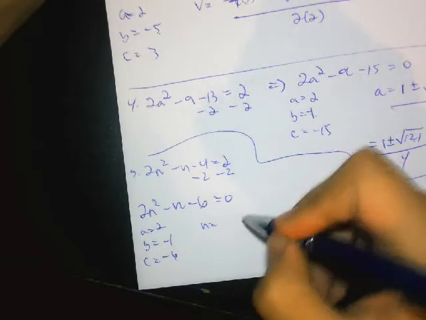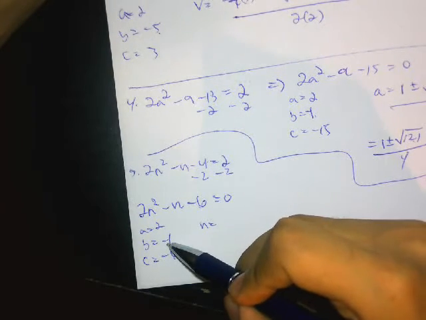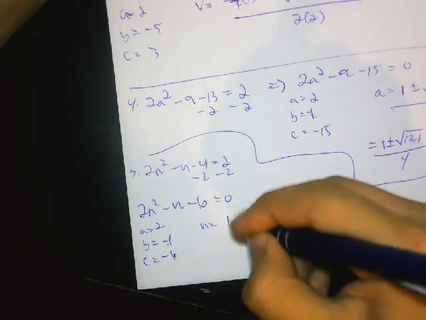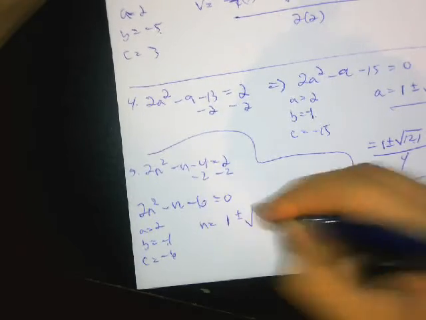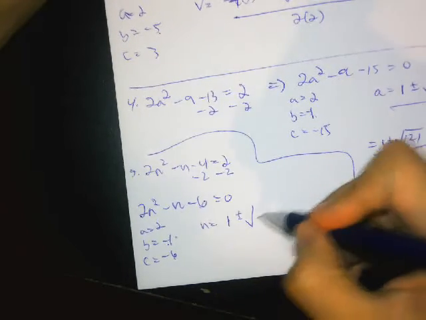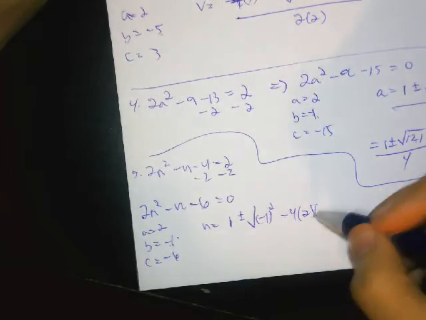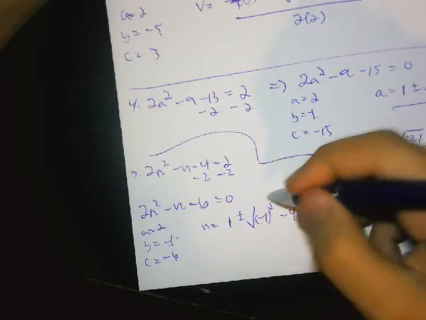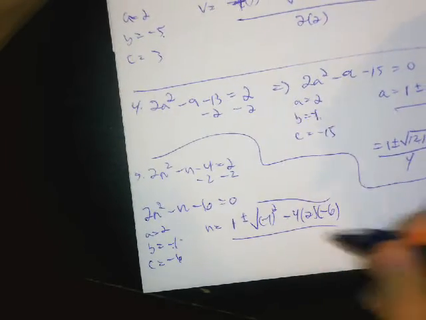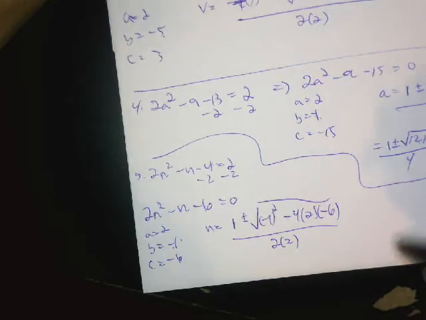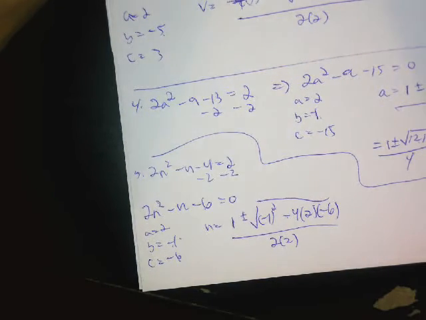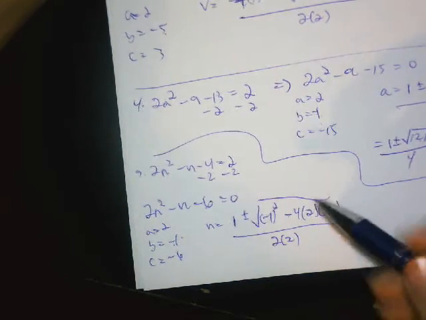So now n is equal to negative b, so it's negative negative 1, which is positive 1, plus or minus the square root of b squared minus 4 times a times c, all over 2a. Alright, let's simplify our radical here.